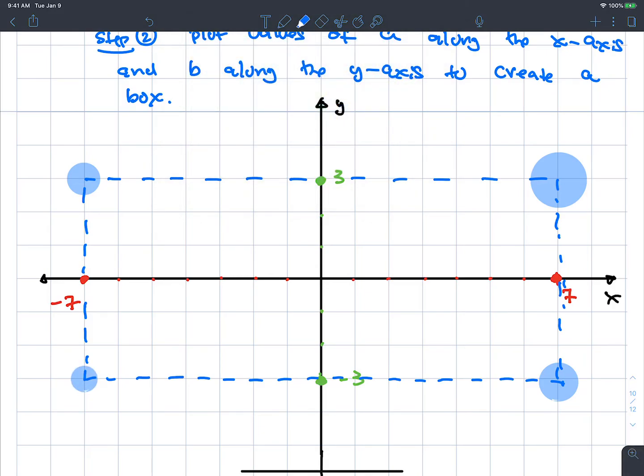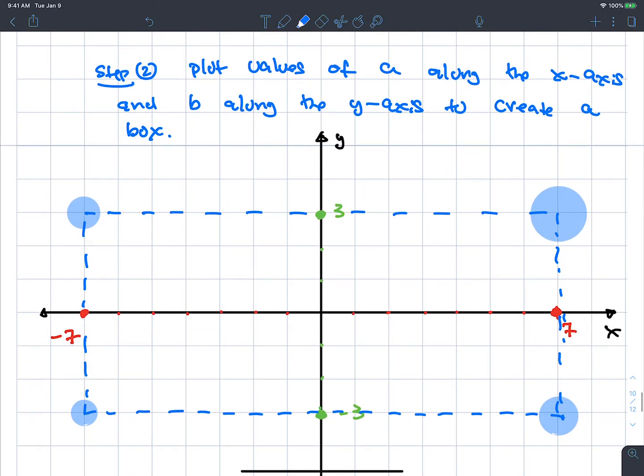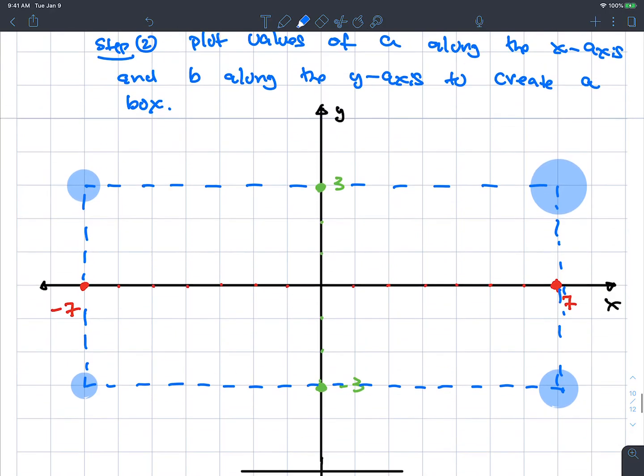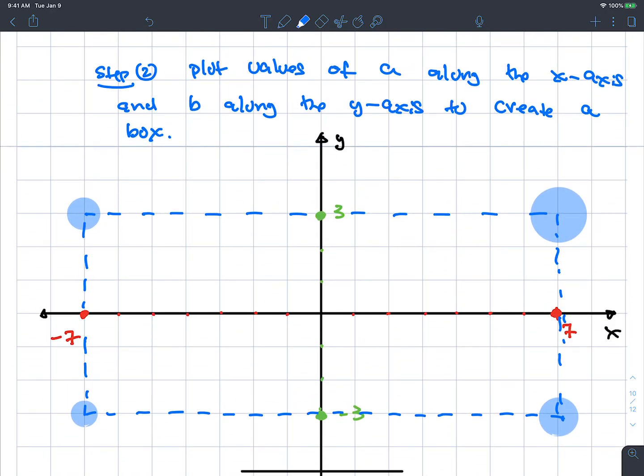Plot the values of A along the x-axis, the values of B along the y-axis to create a box, and then draw lines. These are called asymptotes.